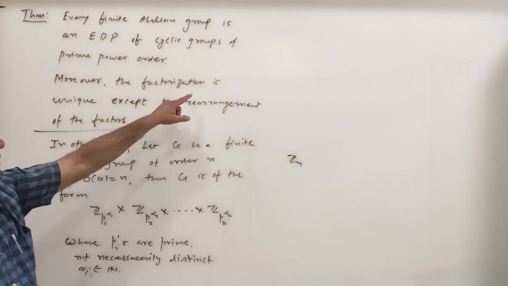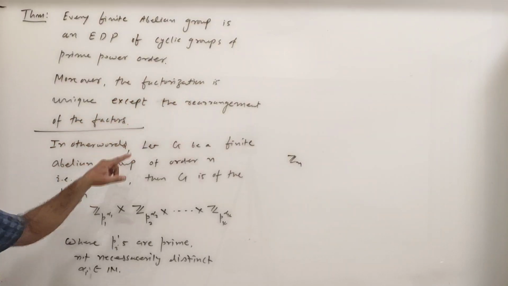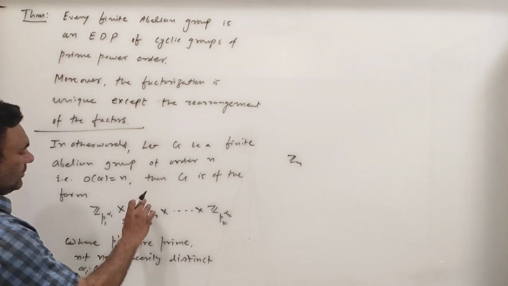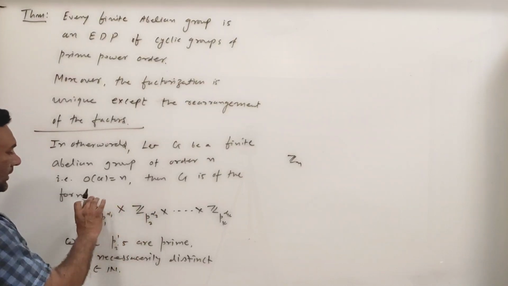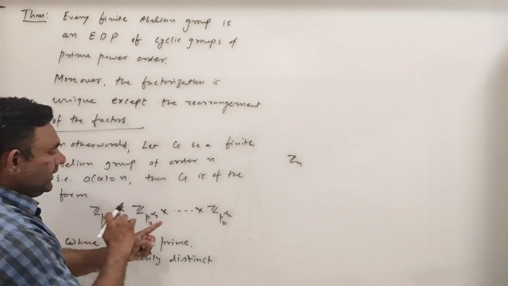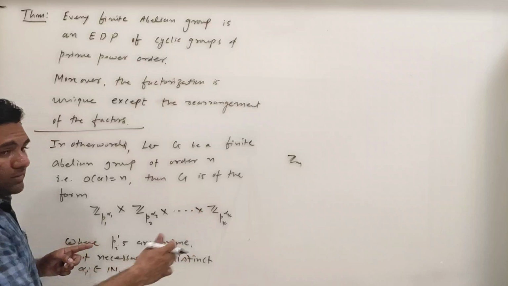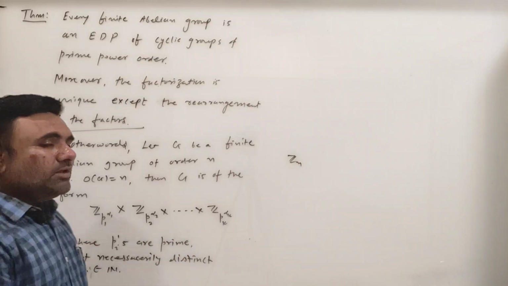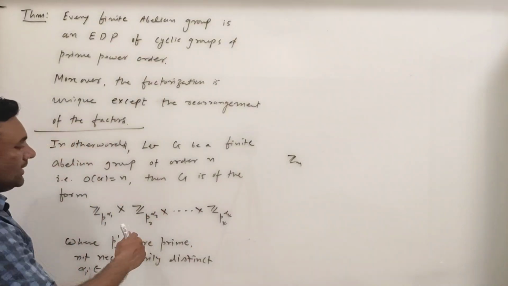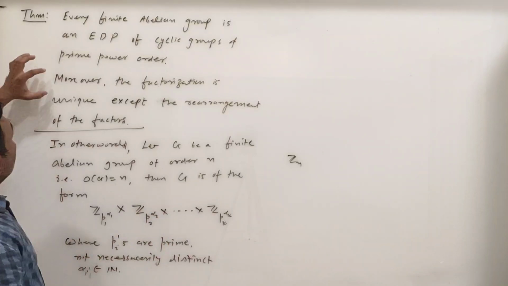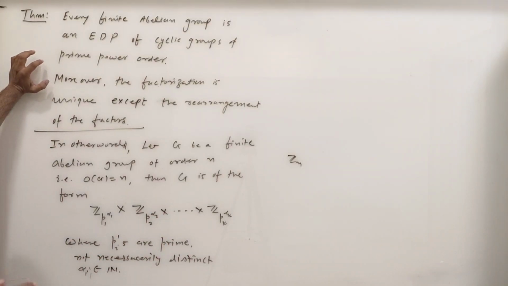And moreover, the factorization is unique except for the rearrangement of the factors. That means if you write this here and this here, and if you rearrange them, then you can say it is distinct, but it will be the same. We will consider that the arrangement gives the same group, right?